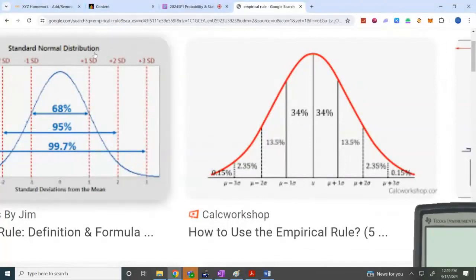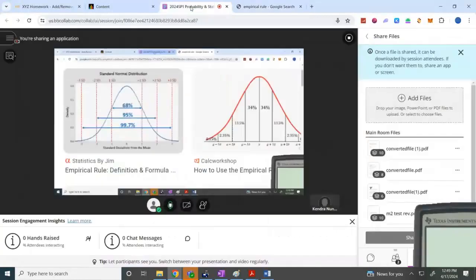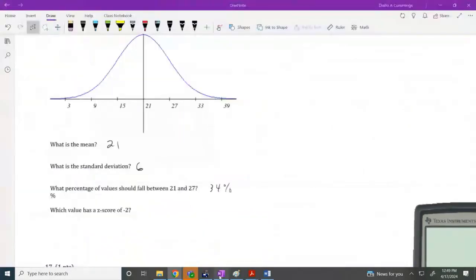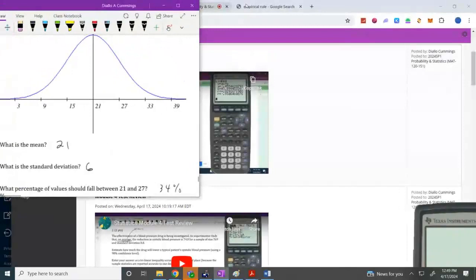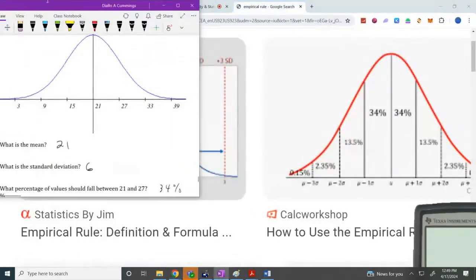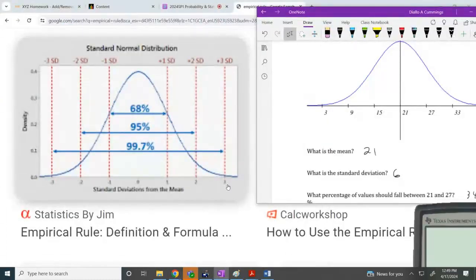Now the next problem says, which value has a z-score of -2. So if you look at the z-scores, and I'm going to bring up this empirical rule again, the z-scores kind of range between -3 and +3.